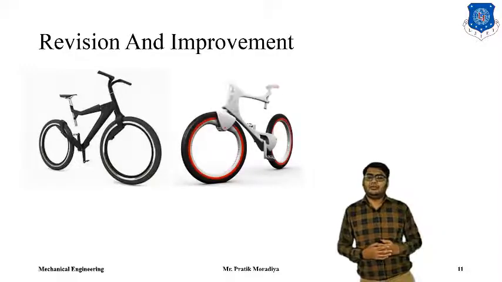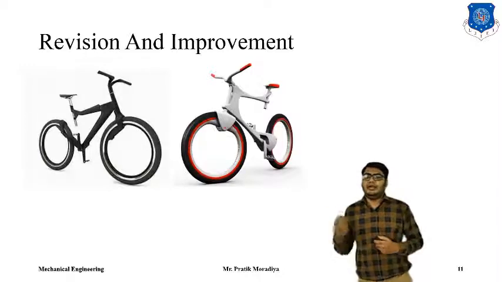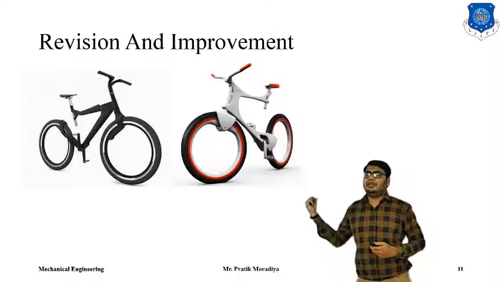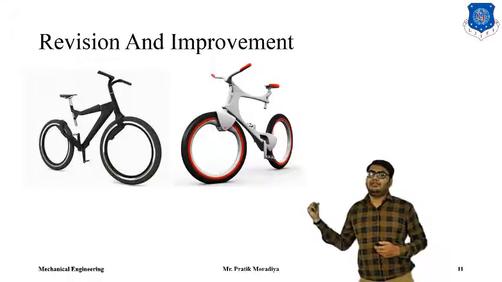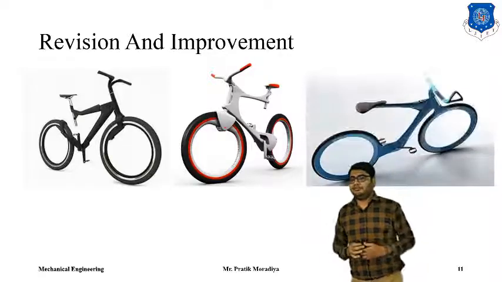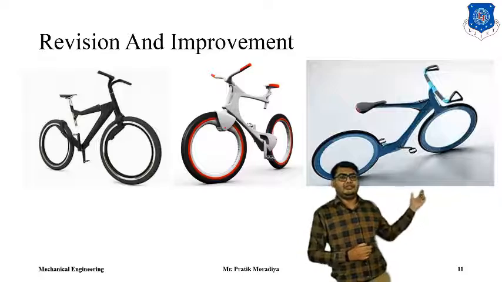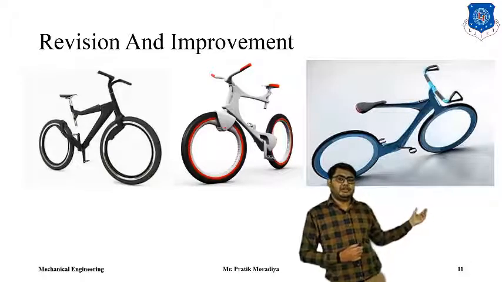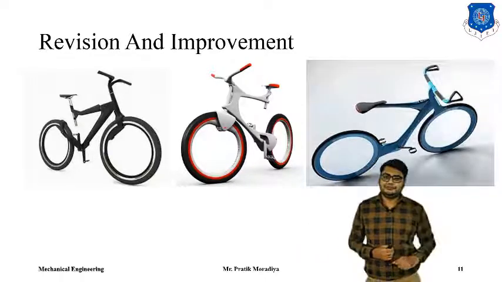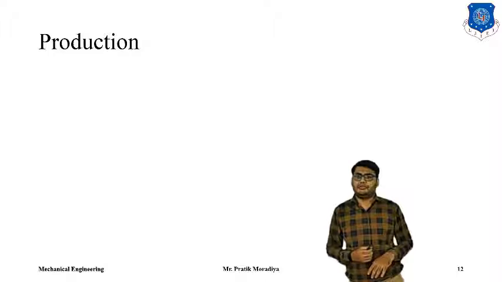So you build a second prototype, which is better than the first one. This second model has fewer components and fewer curves, but you think there are still chances of improvement, because on the wheel side there is a big chunk of material which does not look very good. So then you can go for this type of model, which is very sleek in design, very futuristic, and you are satisfied with this. Then you will build this and go to the production stage.